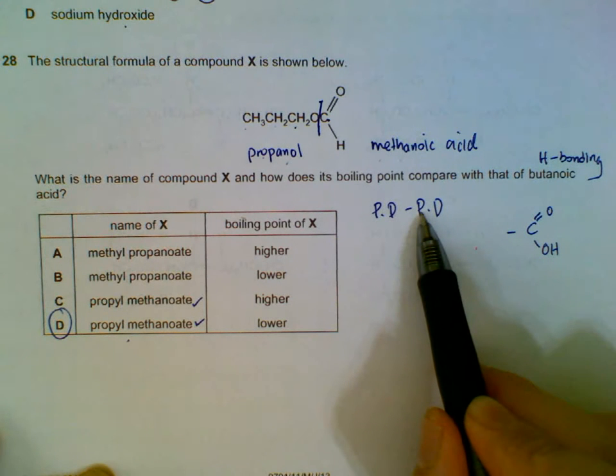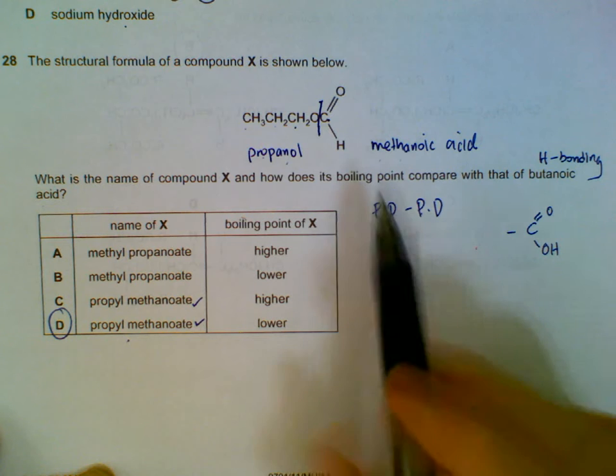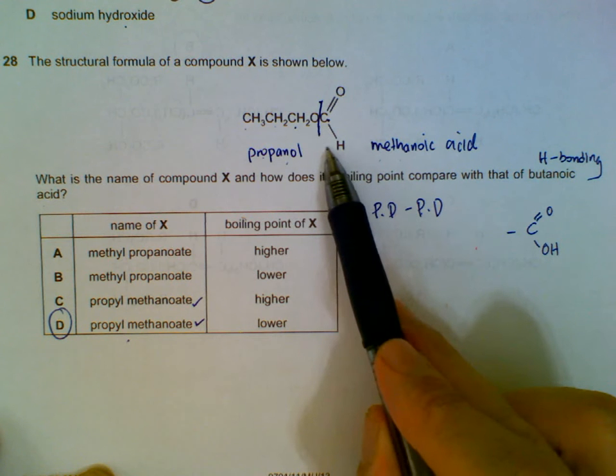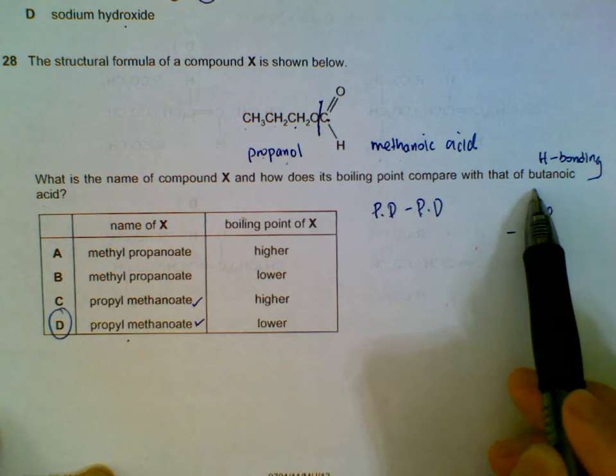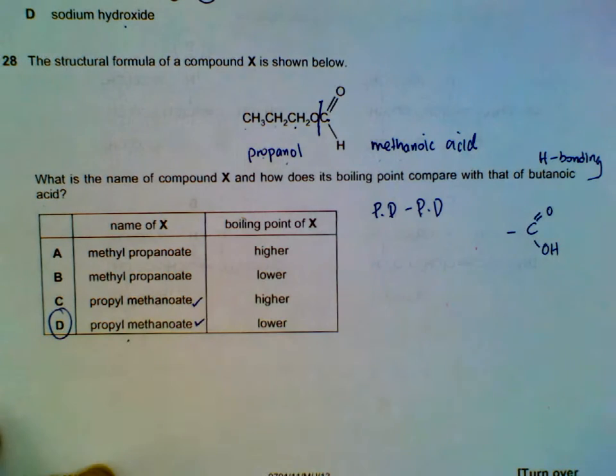So the boiling point of your ester with permanent dipole is lower than that of butanoic acid, which has hydrogen bonding. So we have D.